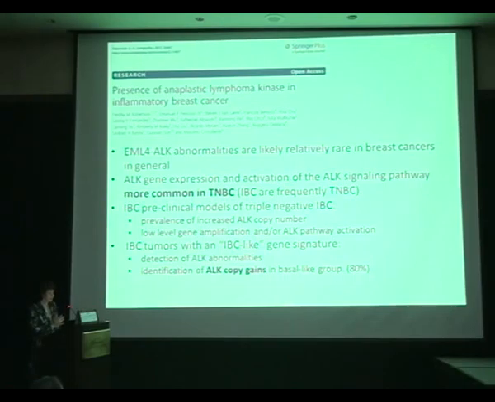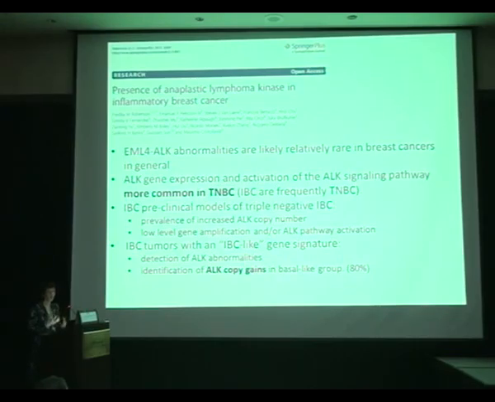They found that they have activation of ALK more frequently in triple-negative breast cancer. They looked at 25 cases and found alteration in 20 cases, so more than 80%. In this paper, they did a lot of preclinical work on cell lines, showing that they can target ALK in this preclinical model.